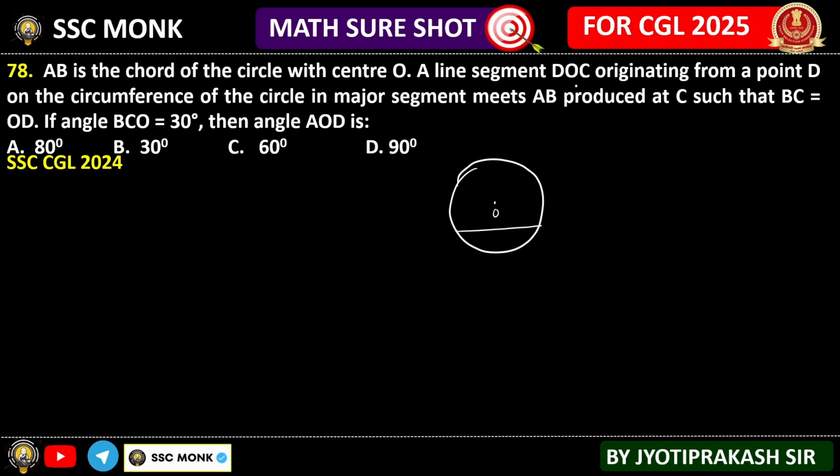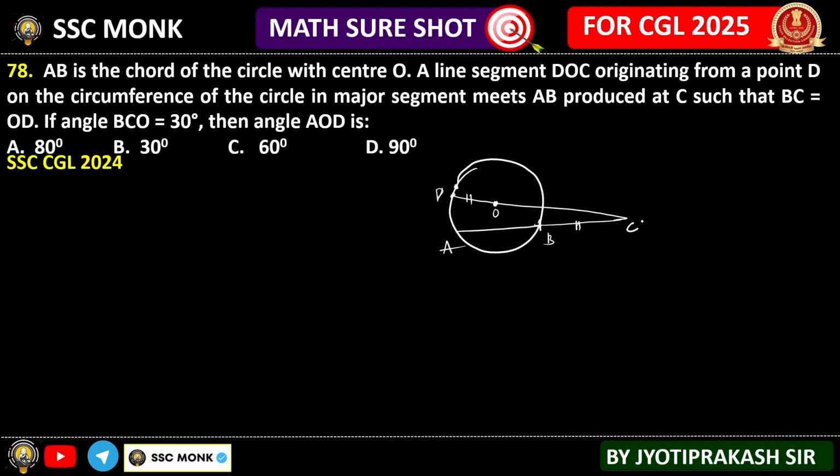A line segment DOC originates from point D on the circumference, let's say this is D, in the major segment. It meets AB produced. So AB is produced and DOC is meeting here at C, such that BC is equal to OD.